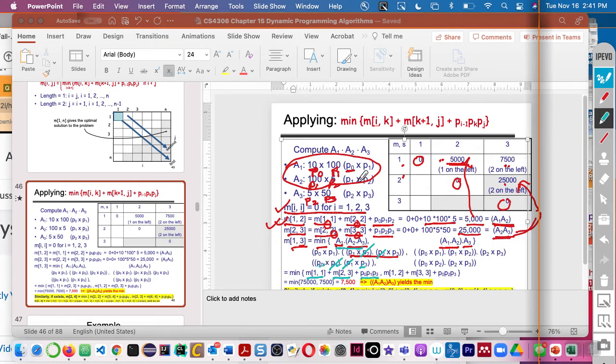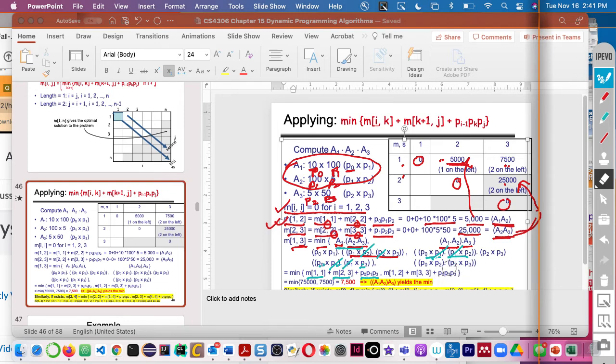On the other side, when we multiply, P1 and P1 will cross out, so we get P0 by P2 and then P2 by P3.